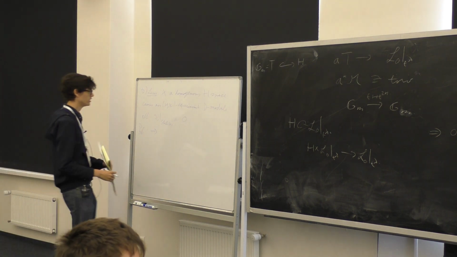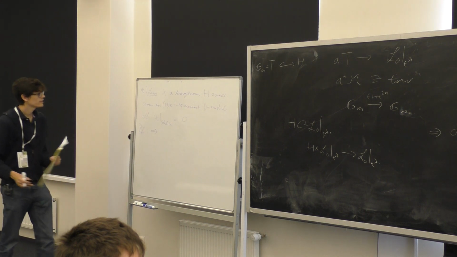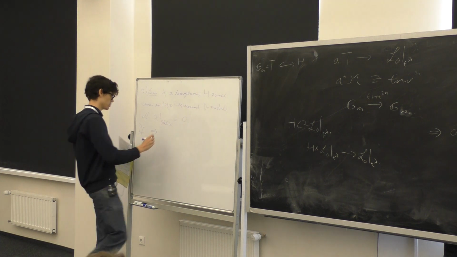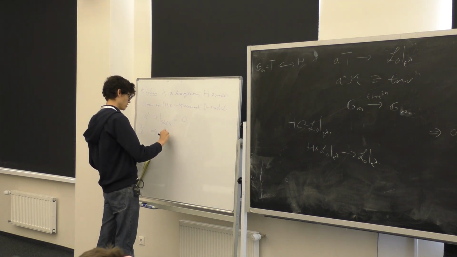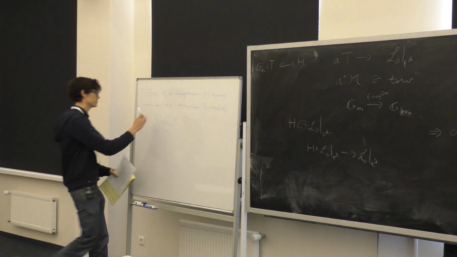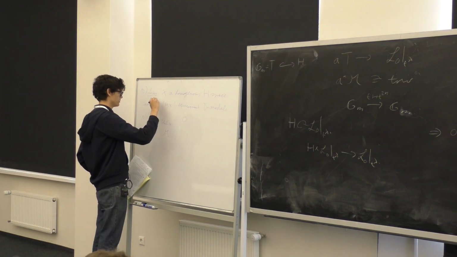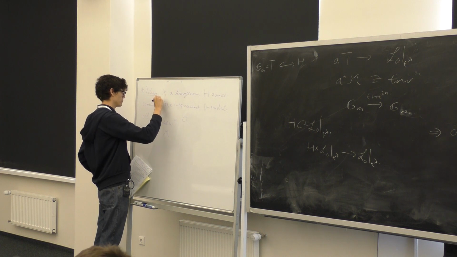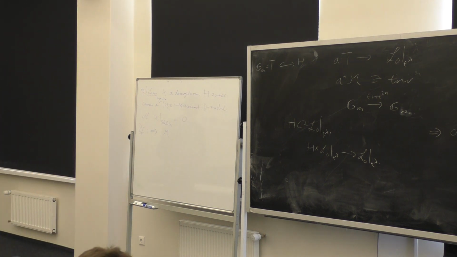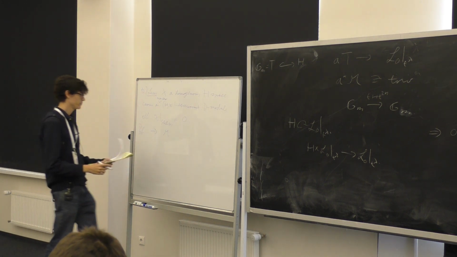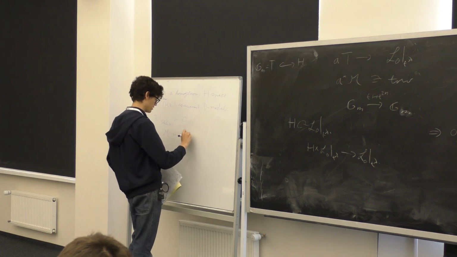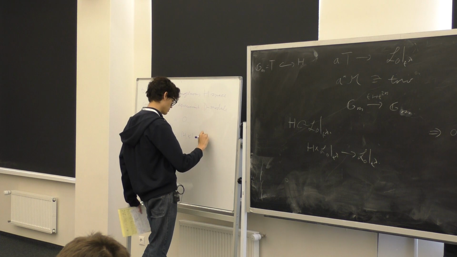Let's assume that X has such an equivariant D module M. Well, some non-zero M. So let's assume that M is H chi equivariant.